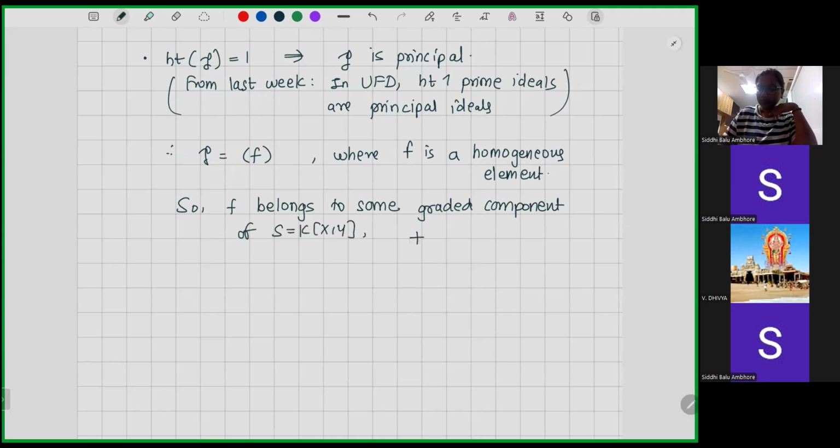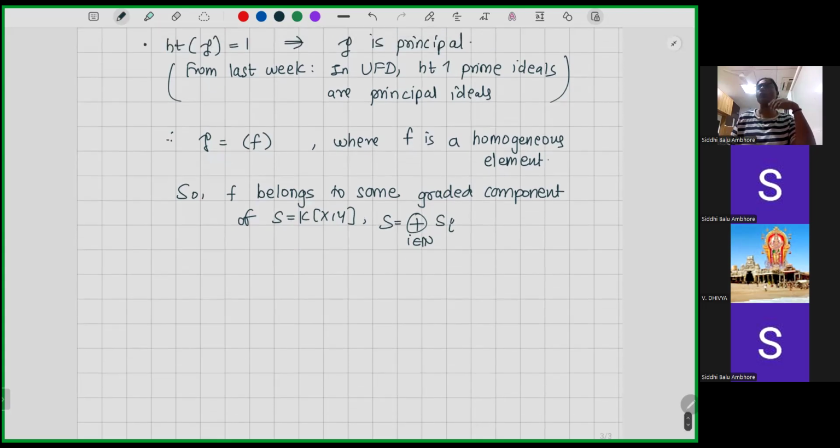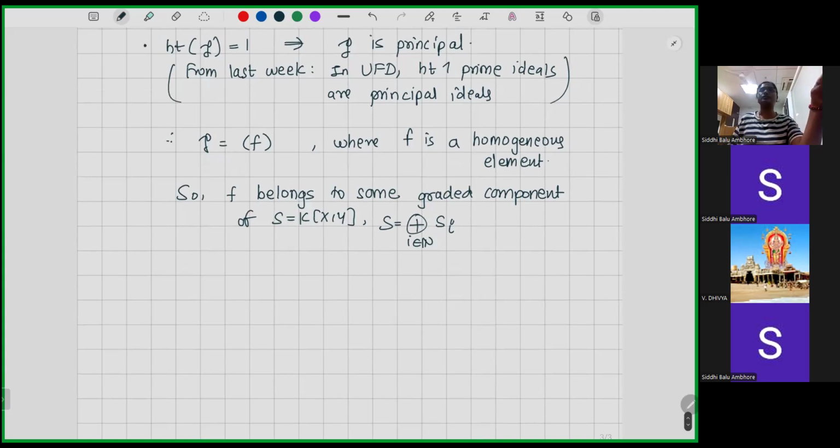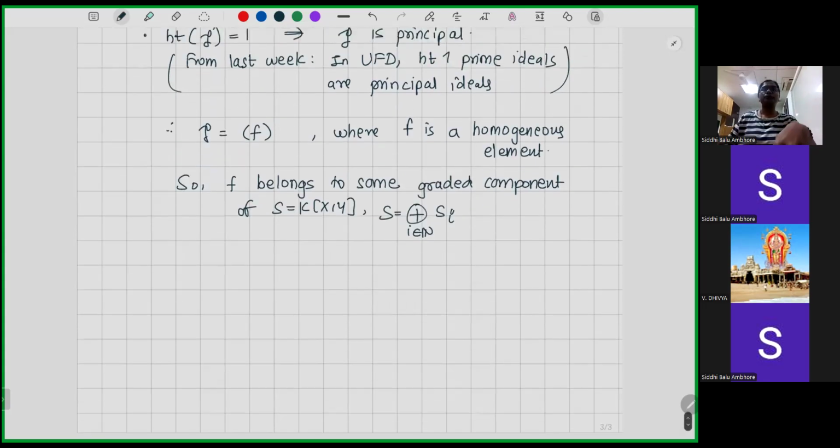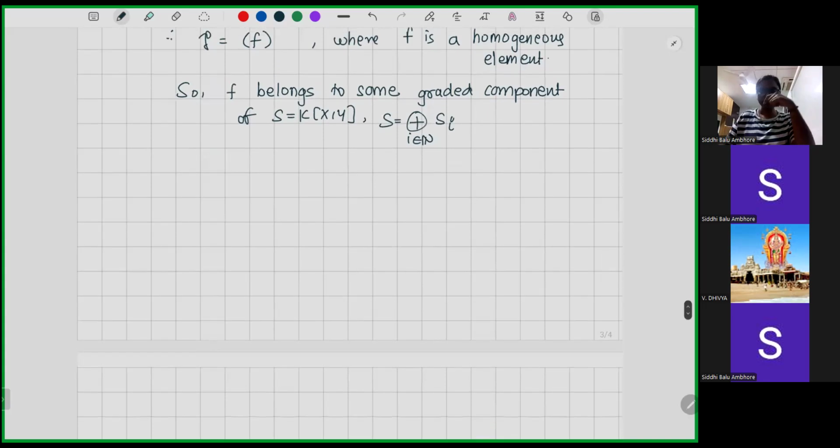Okay, so we have S equal to the direct sum of S_i, for i in N. So this F is a homogeneous element, so it belongs to one of the degree components of S. Okay, but once I have this, suppose F belongs to some S_d.